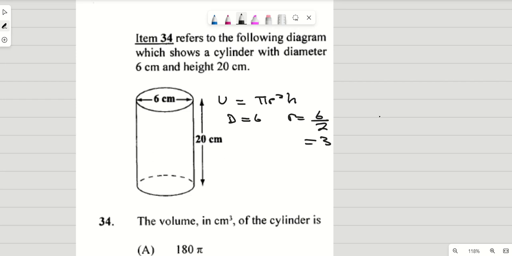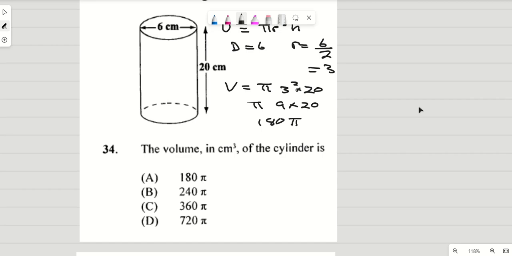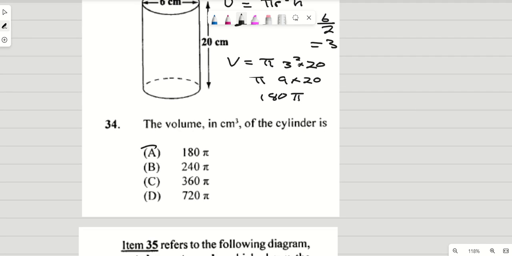So my volume is going to be pi times 3 squared multiplied by 20. 3 squared is 9, 9 by 20 is 180, multiplied by pi. So your answer is A.